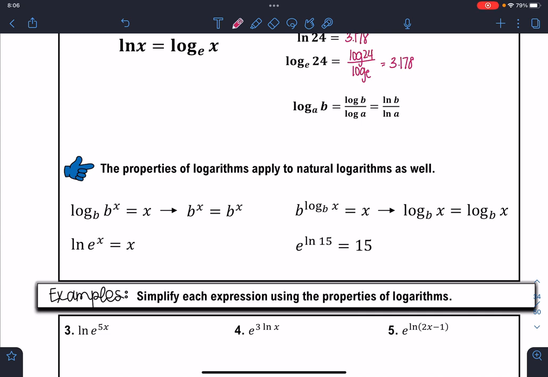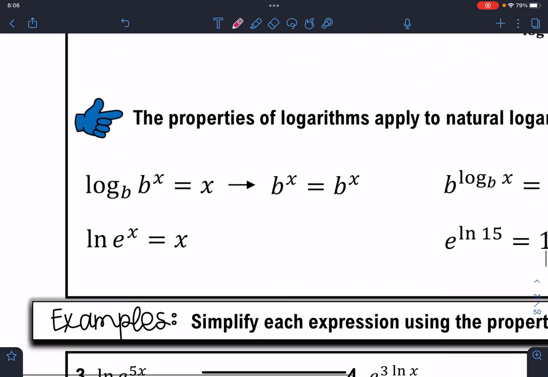All right, and it follows the same properties as logs because it is just a log. We're just using a different abbreviation for it. So just like before, if I have the log of a base with an argument that has the same base, they are going to cancel out. I proved that to you earlier, and I'd be happy to prove that to you again.